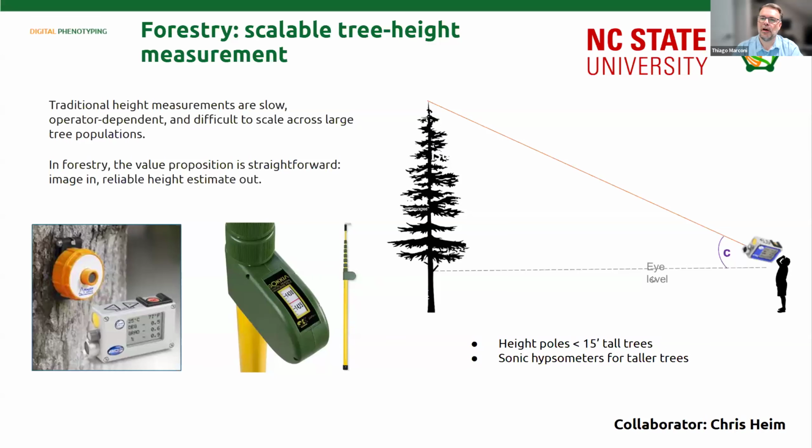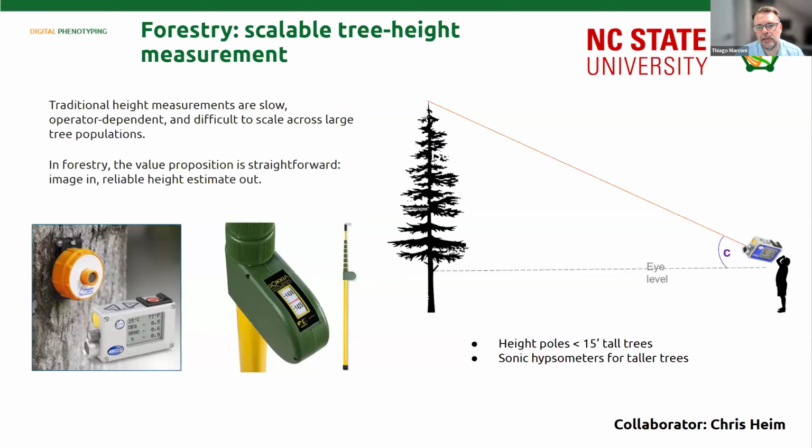All right, so I'm going to go first with our first example here. First, I'd like to mention this was work done in collaboration with NC State University here in North Carolina, where I am located, with a collaborator here. His name is Chris Hine. He's the researcher responsible for this trial that I'm going to show you.